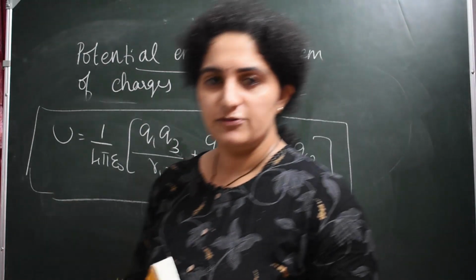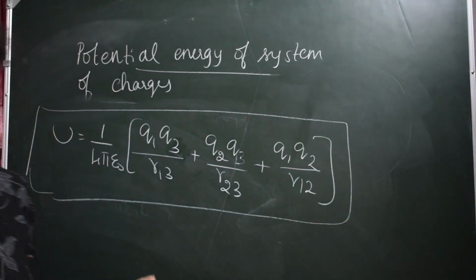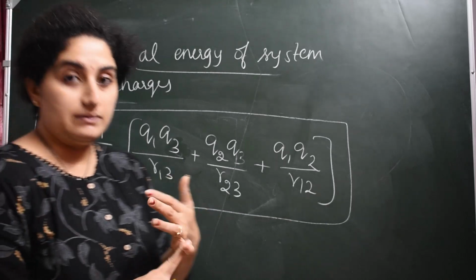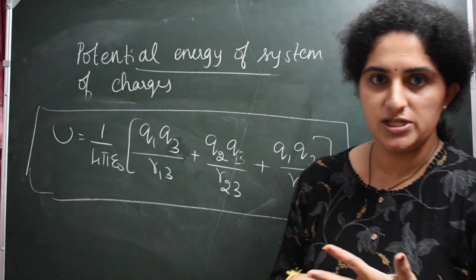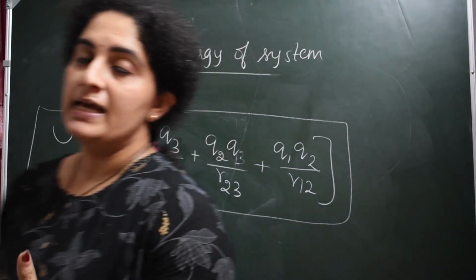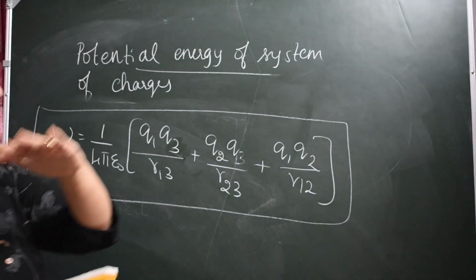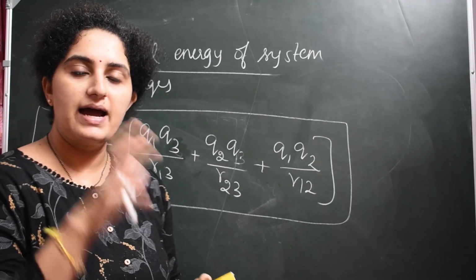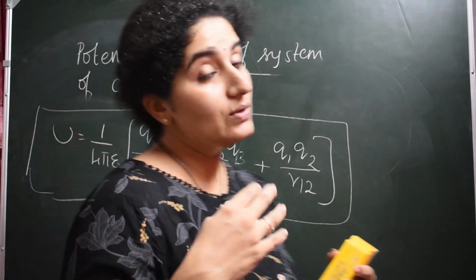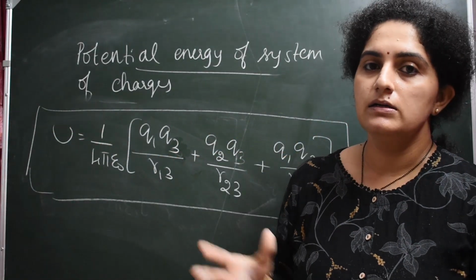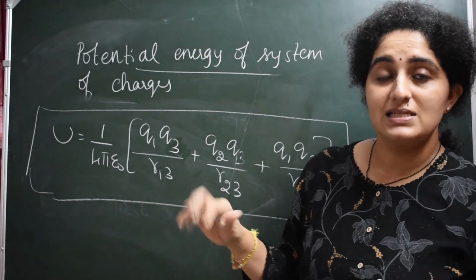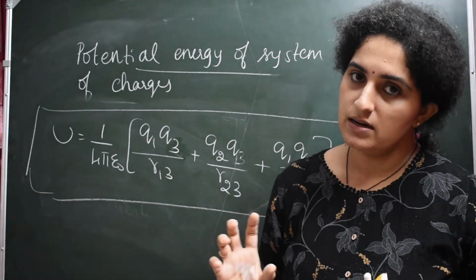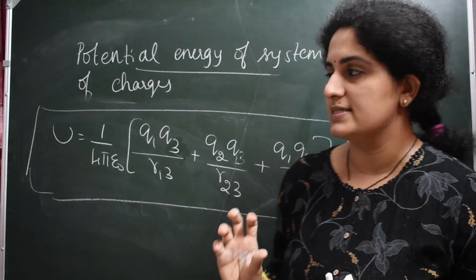I hope this is clear. First you have to write the equations clearly. Be clear with the equipotential surface. Before that, potential. What is potential? An equipotential surface is one on which you need not do any amount of work because the potential remains the same throughout, being at a constant distance from the point you are considering.